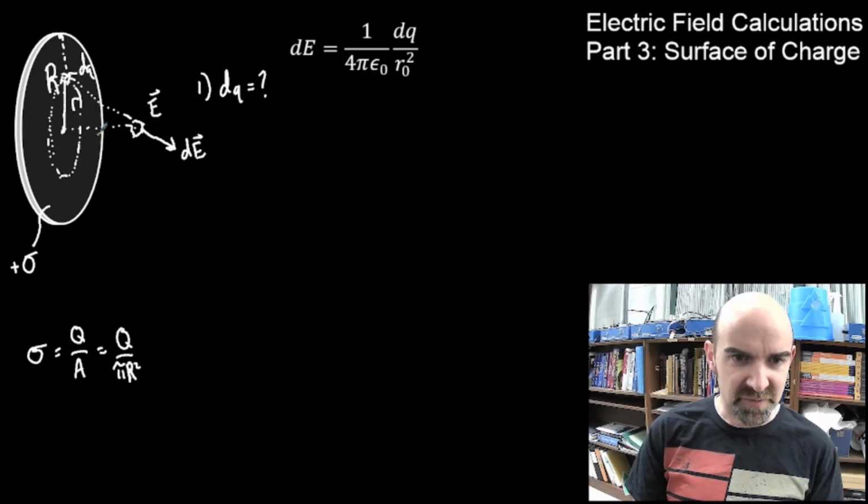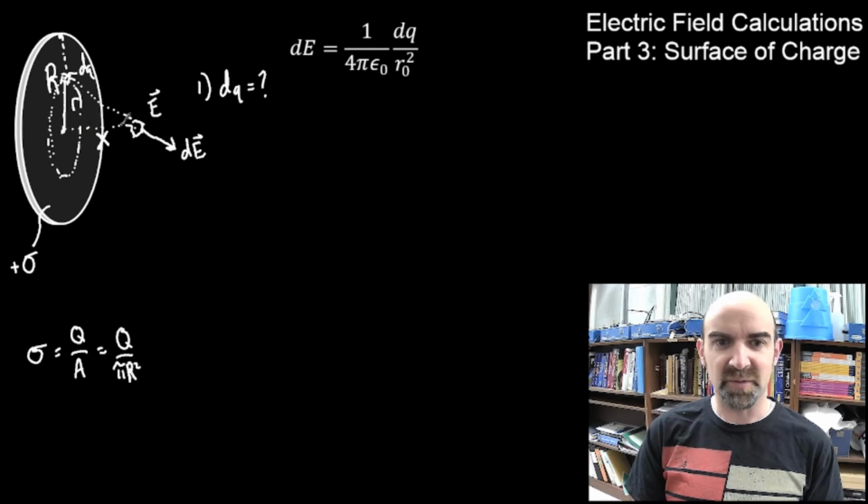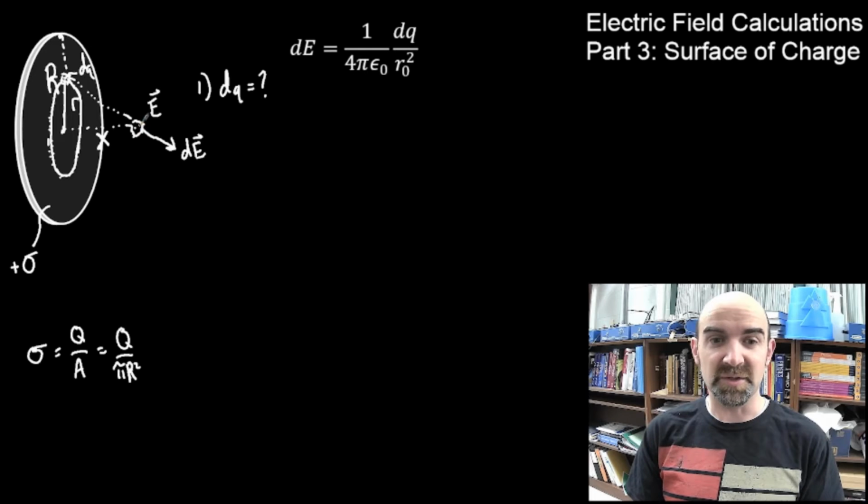Now let's go ahead and define a location. Let's say this thing is a distance of x away from the center. That's what we're looking at. So we've got an r up to the dq and x out to the electric field. But any point around in the circle here, I just kind of connect the dots, all those points are at the same distance away from our location.